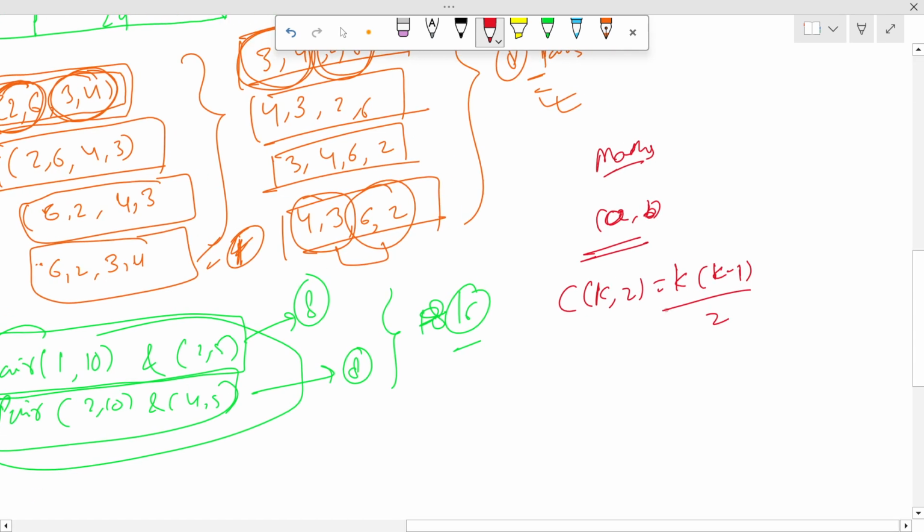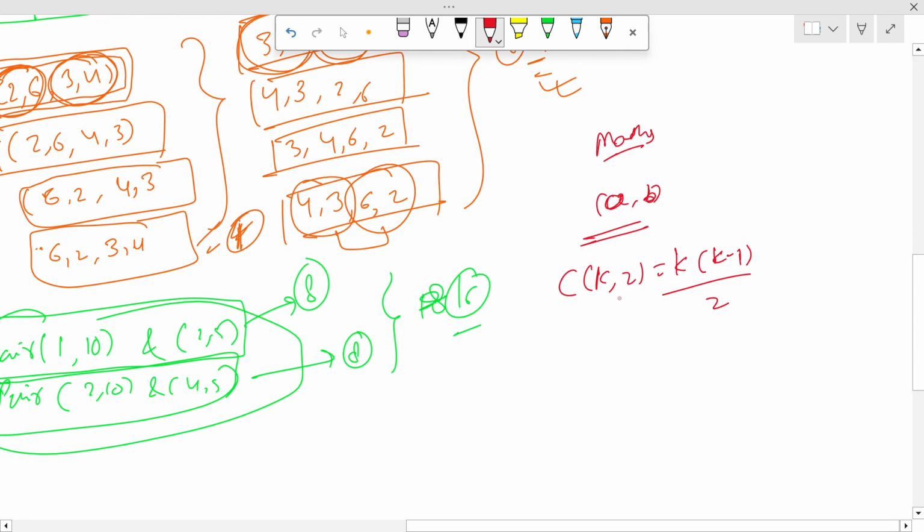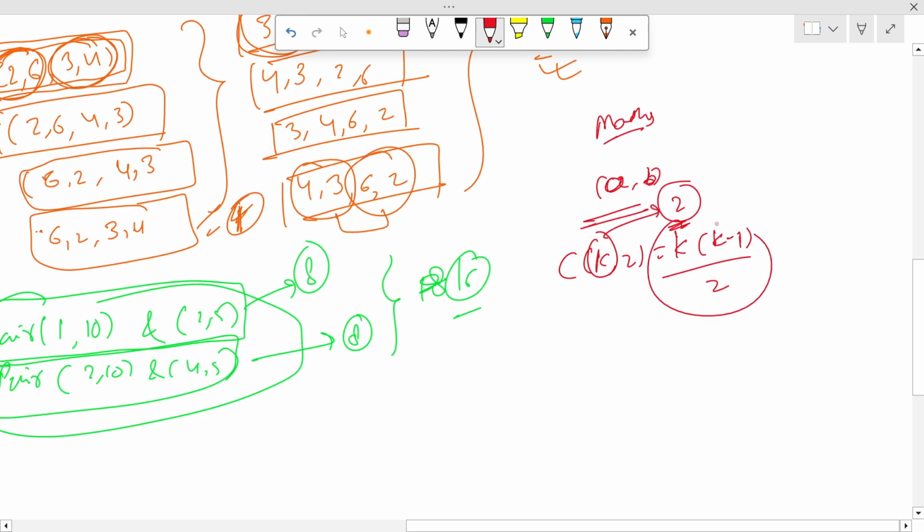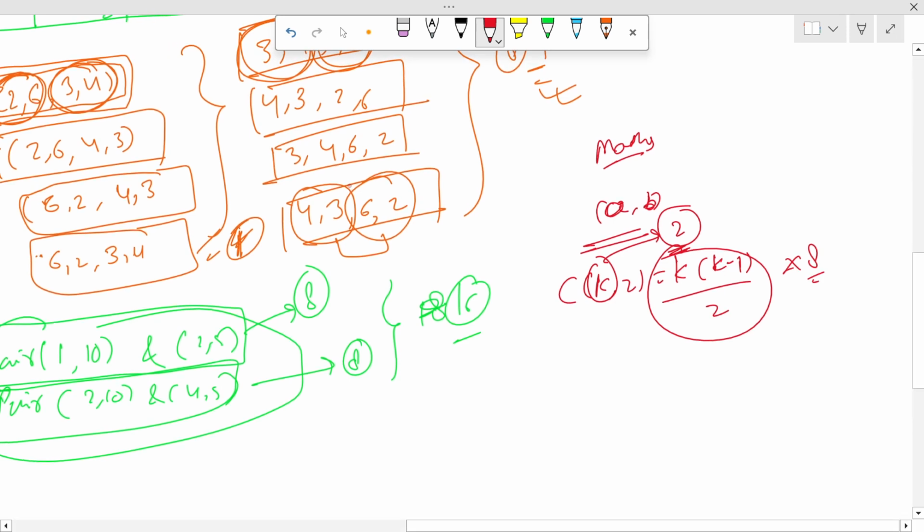Here, suppose k is the number of ways we have to choose, like here this becomes 2, and since we have to calculate this, we multiply by 8, because of the number of pairs, how we get 8 valid pairs.